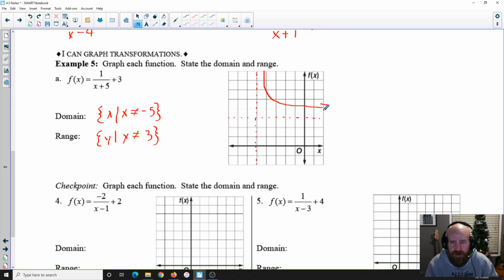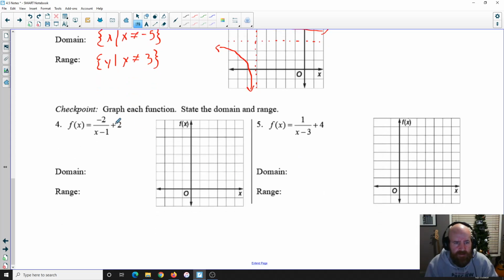Now, if we wanted to make it look a little bit better, we could plug in some x values into our function to find out what the y value would be. But we're just drawing a rough sketch here. And then we just draw one down here. Because if this were the origin, we were at the origin for the parent function, now we're here. We just think about the first and third quadrants. So top right, bottom left.